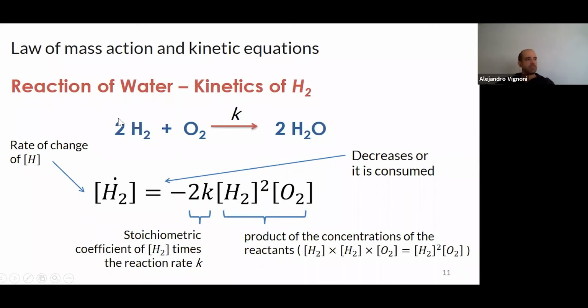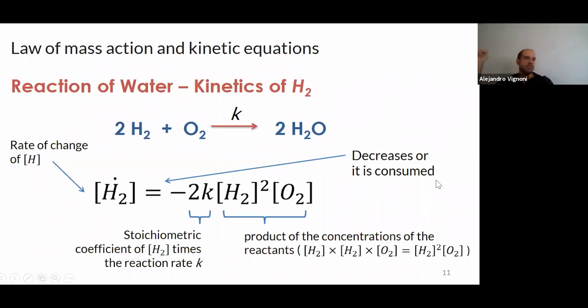And this 2 is coming from the stoichiometric coefficient of the molecule that we are dealing with, in this case hydrogen, which is telling us that each time one reaction occurs, 2 molecules of hydrogen will disappear to make the water molecule. Then we have the minus sign here, which is telling us that hydrogen will be decreasing because it's being converted into the water molecule, okay?